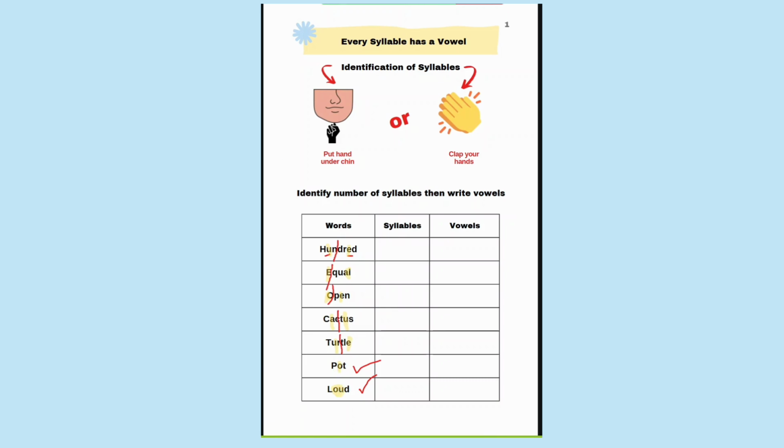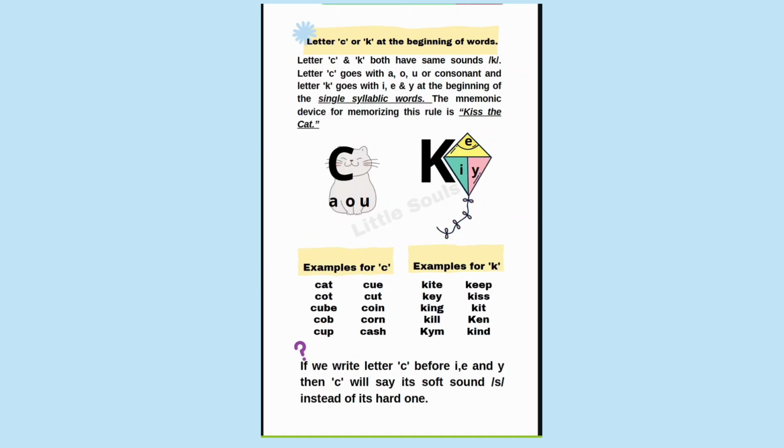Move to the next one. Letter C or K at the beginning of words. Do you know? C goes with A, O and U. K goes with the other two. These are basically the vowels A, E, I, O and U. These are the five basic vowels.